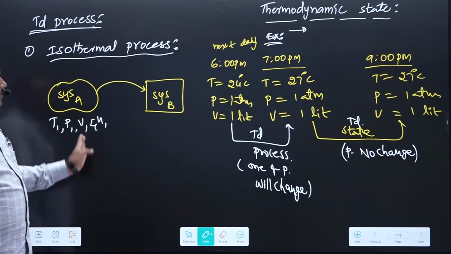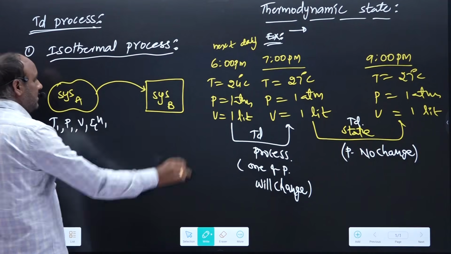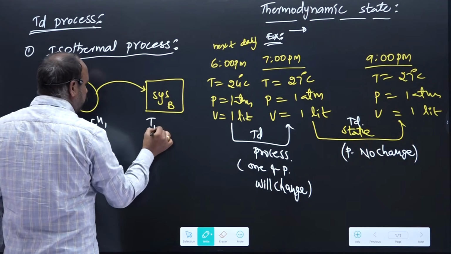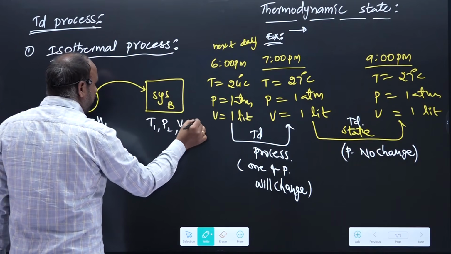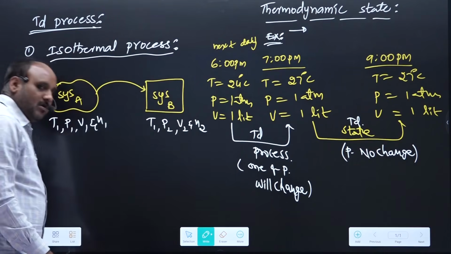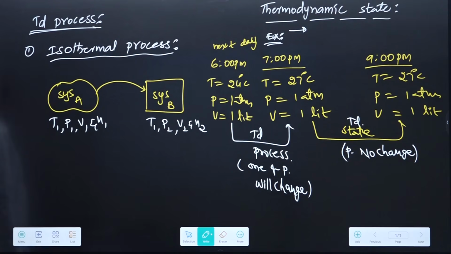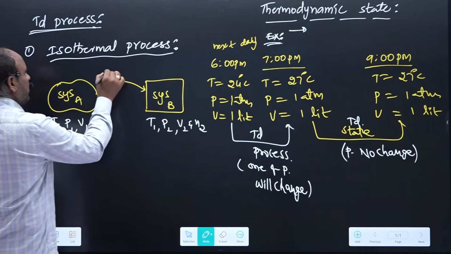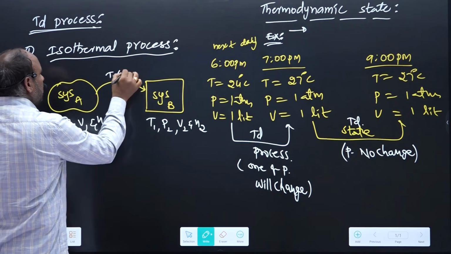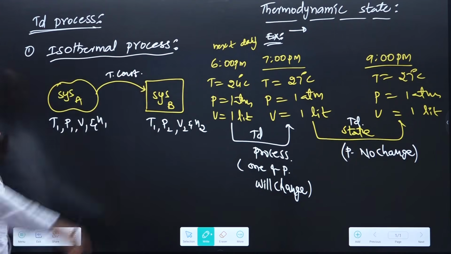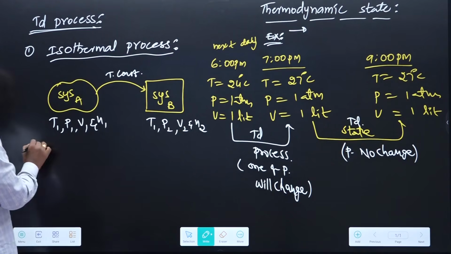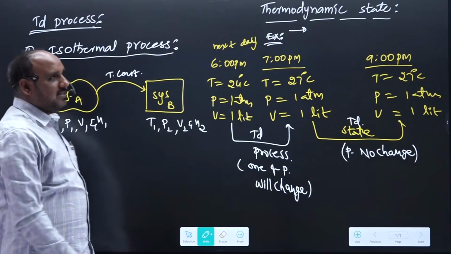This is converted to another system, system B, where temperature is T1, pressure is P2, volume is V2, and composition is N2. Which one is constant? Temperature remains constant during this process. So such a process is known as what? Isothermal process, right?